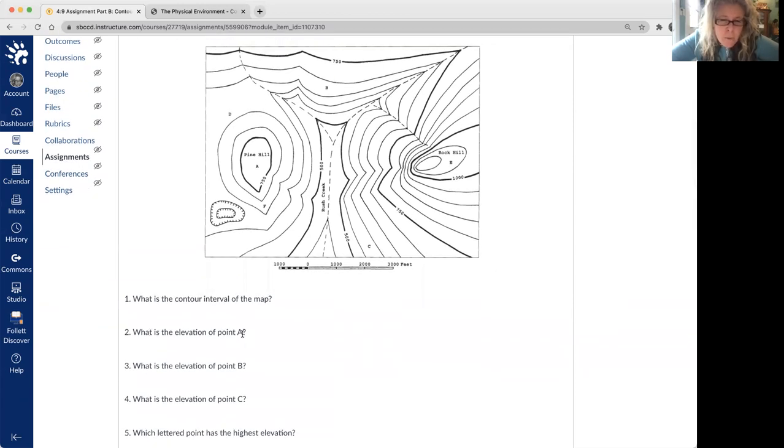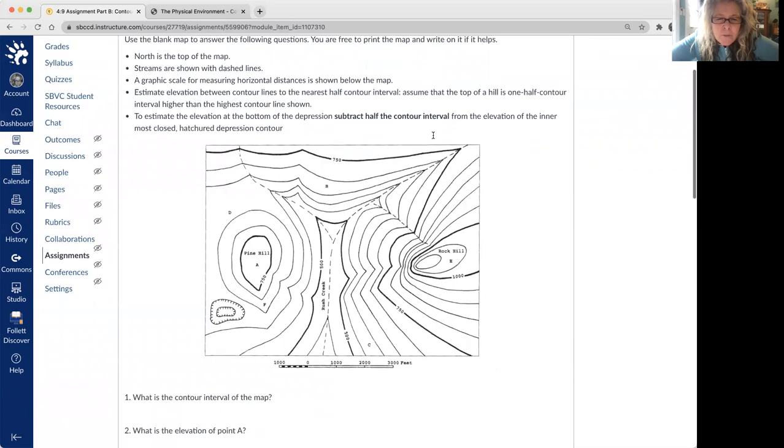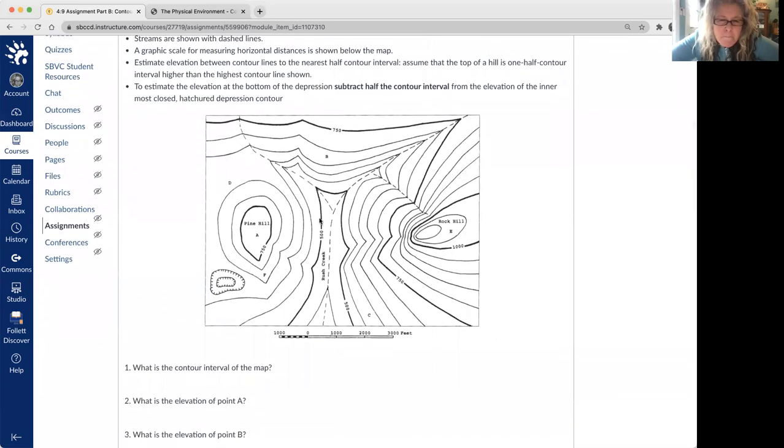What is the elevation of point A? Okay, here's point A. So let's figure out the elevation of point A. Let's go back up here. Estimate elevation between contour lines to the nearest half contour interval. Assume that the top of a hill is 1/2 contour interval higher than the highest contour line shown. So half higher.